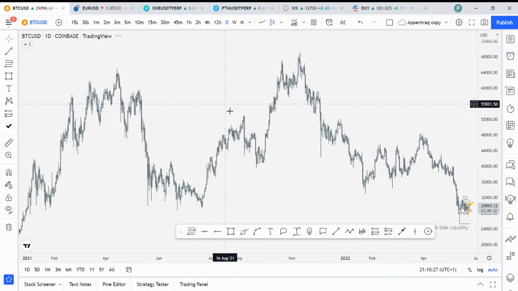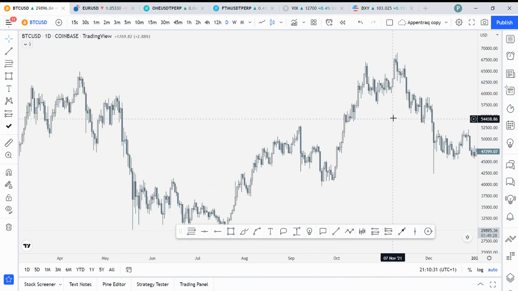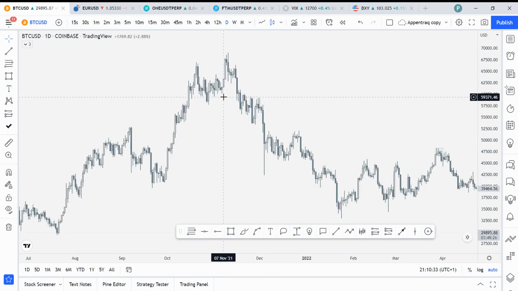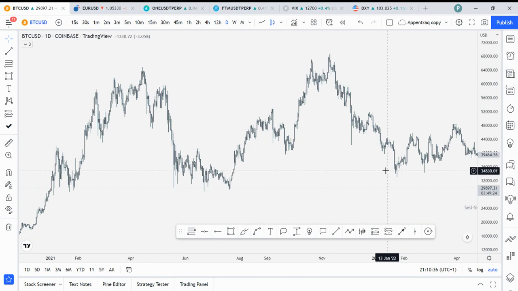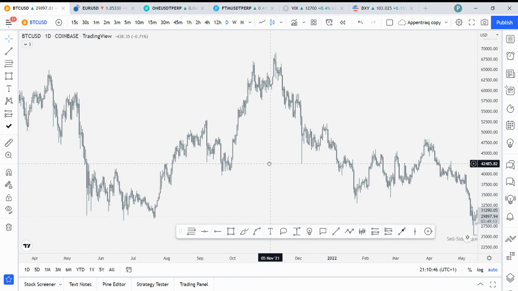For those of you on Crypto Academy, there was a time when BTC was dropping aggressively. I think the last time BTC was dropping aggressively was around December, and I said it was going to bounce from 42.6K.